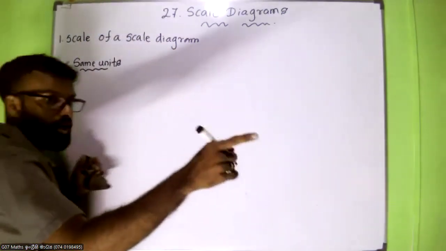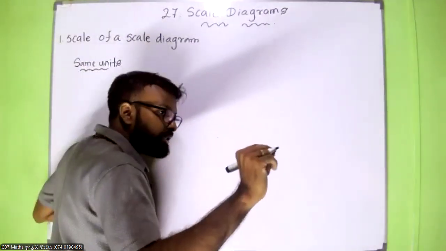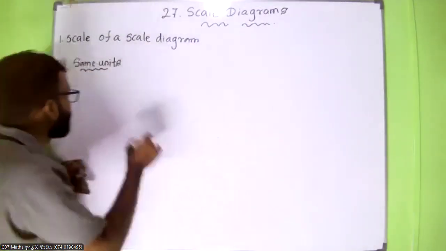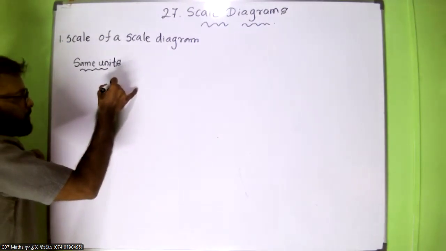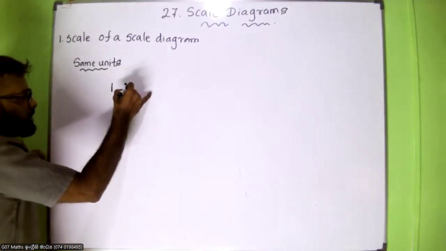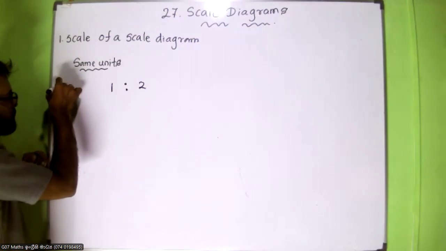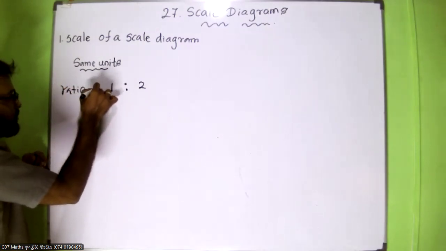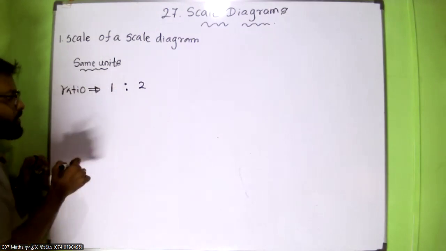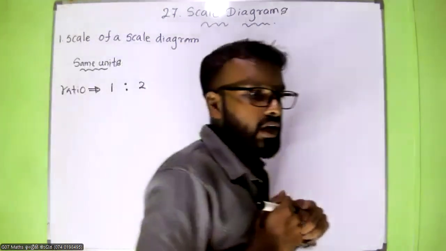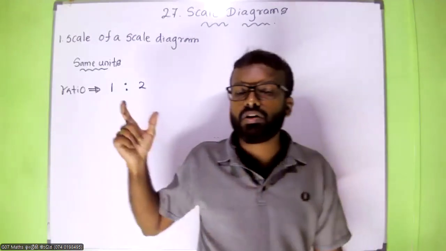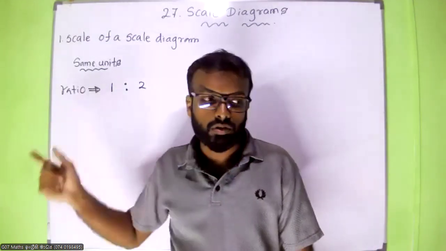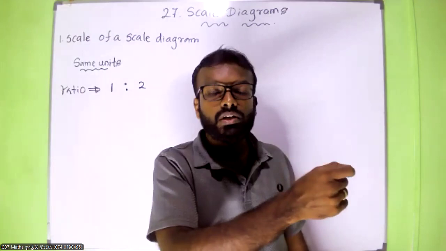Look at the board. For an example, I have given you some space to write it down. This is the ratio. Write these things in your book, because I haven't sent you the grade 7 tute.